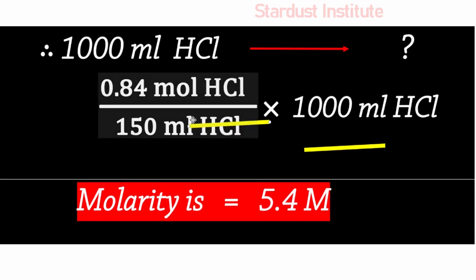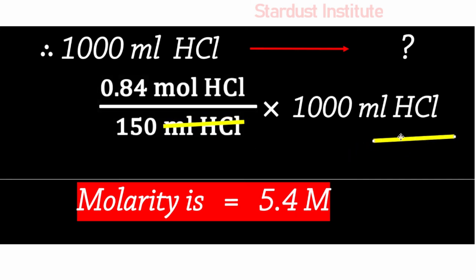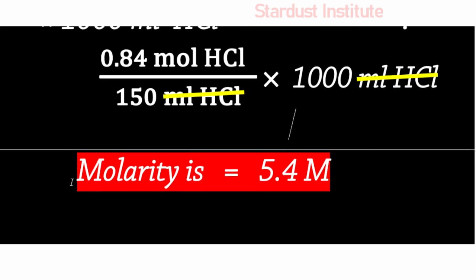Let's cancel out milliliter HCl, milliliter HCl. Now we have found our answer, molarity 5.4 M.